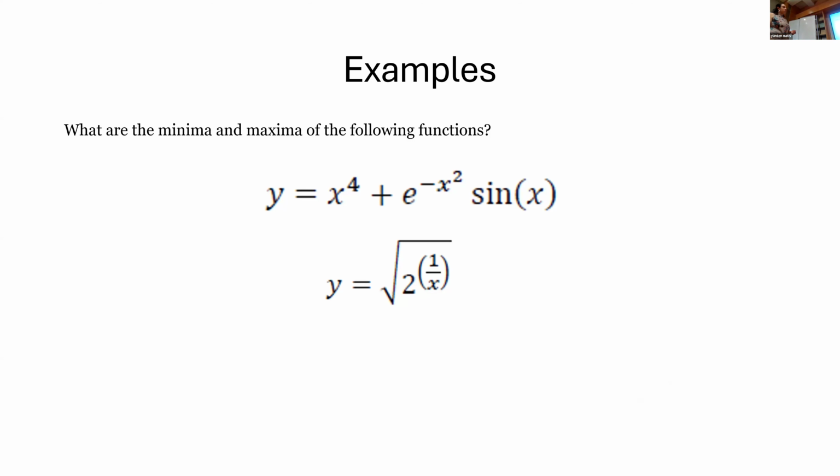Let's calculate the derivatives of such a function. If we have y equals x to the fourth plus e to the minus x squared multiplied by sine x, then first of all, we take the derivative of the first function, which is 4x to the third.